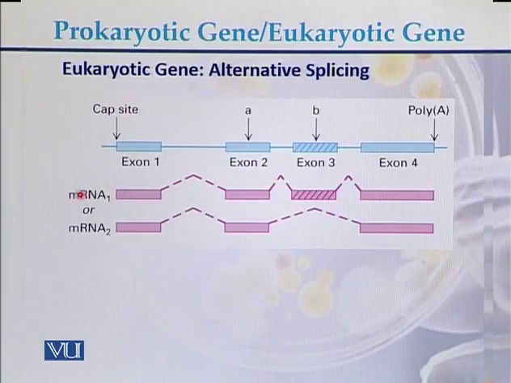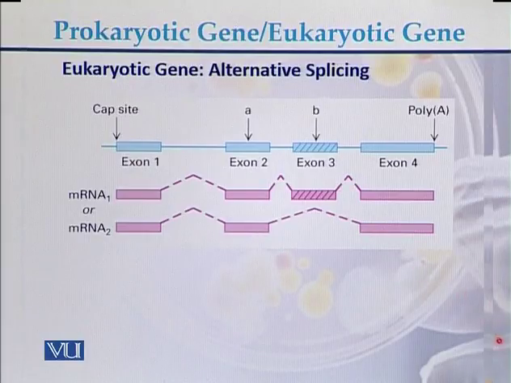So in the first type of messenger RNA, we see the sequence of all 4 exons. But in case of the second messenger RNA, we see a sequence of 3 of the exons: exon 1, exon 2 and exon 4.